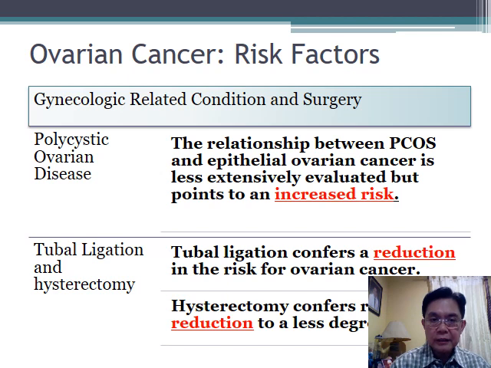This may be related to the gonadotrophin hypothesis. And as I mentioned previously, tubal ligation confers a reduction in the risk of ovarian cancer, and hysterectomy also confers a lesser risk of developing ovarian cancer.